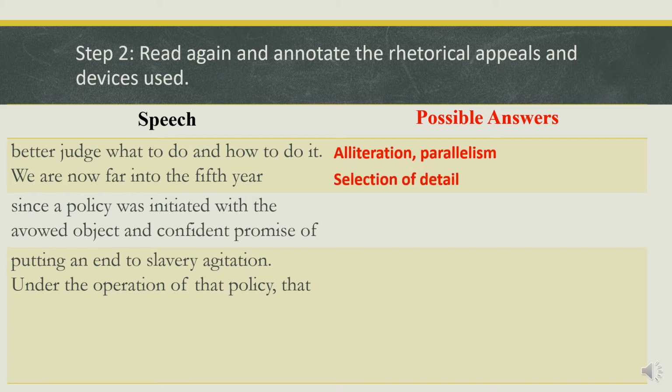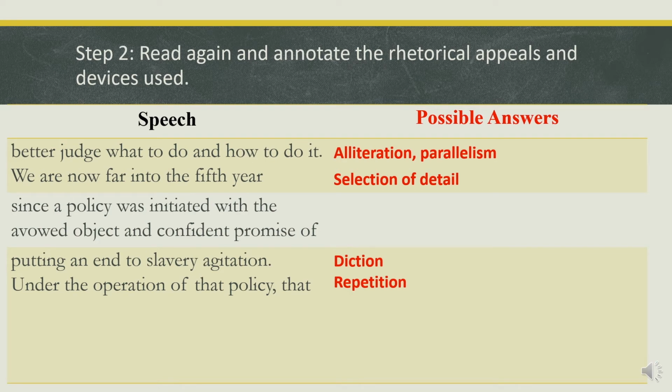He references some policy, and by not naming it, he uses selection of detail to choose not to give it a specific name, which was the Kansas-Nebraska Act. Voters in a territory could determine if their territory would be slave or free, but he simply calls it a policy. Speaking of the emotional response, do you notice the diction of using the word agitation?